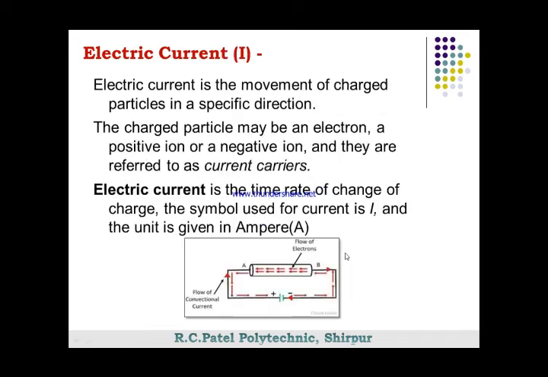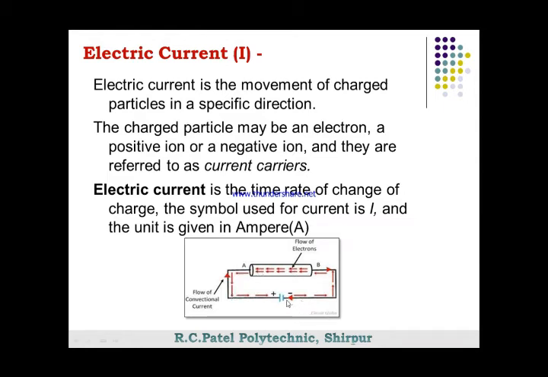Next we check the next parameter, called electric current. Electric current is the movement of charged particles in a specific direction. As we observe in the diagram, this is a conductor having two terminals, A to B, and this red dot shows the path of electric current.